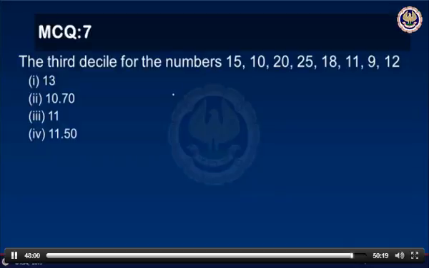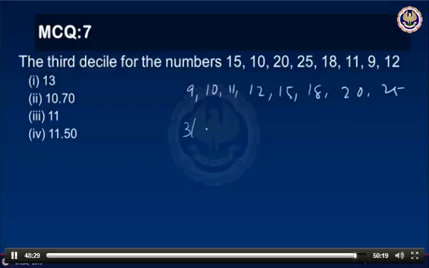First we have to arrange the data in ascending order of magnitude: 9, 10, 11, 12, 15, 18, 20, 25. There are 1, 2, 3, 4, 5, 6, 7, 8 observations.